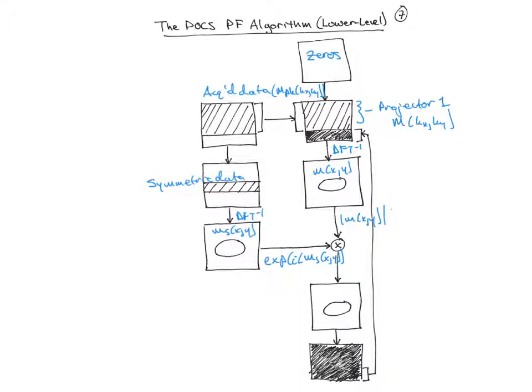This really is the main step of projector 2, which gets you the phase consistent data, giving you m of xy times e to the i angle m sub s of xy. This then corresponds to the phase corrected image data.